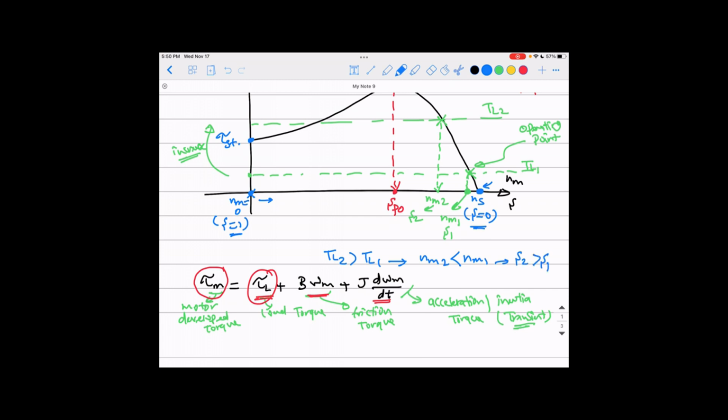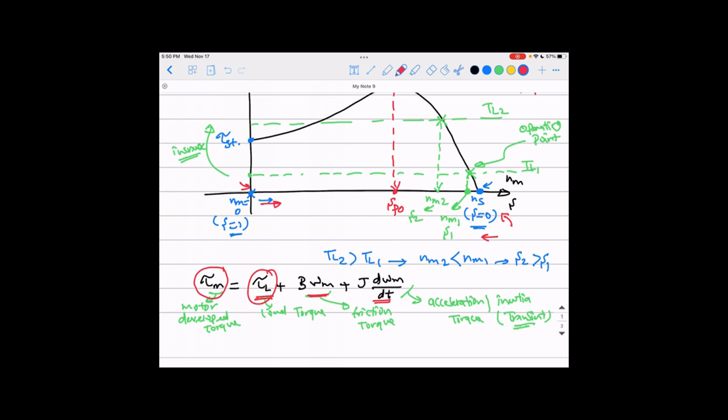S2 is higher than S1. Please don't forget that the axes for the speed and the slip are reversed. The slip starts here small and increases in this direction, while the speed, the other way, starts here at 0 and increases in this direction.